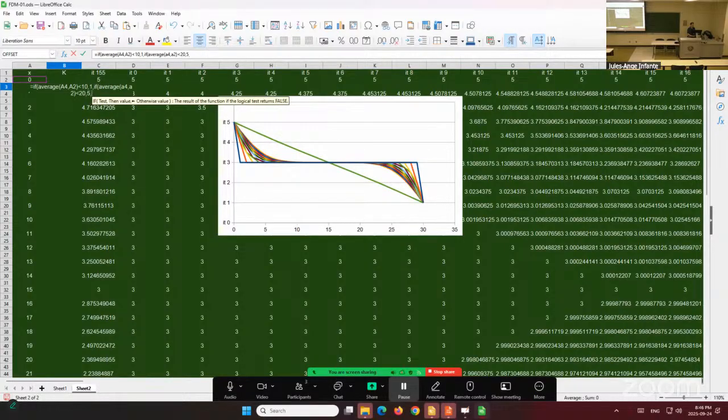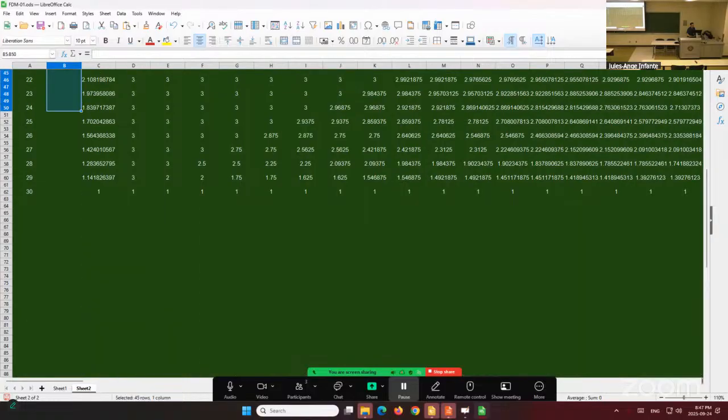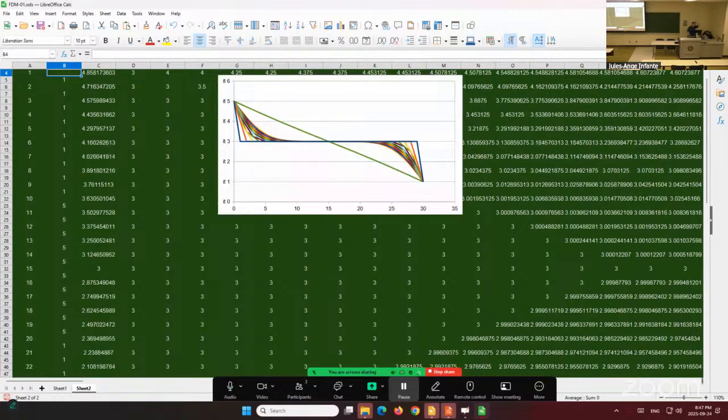Else 1. That avoids having to look at things individually. So between 9 and 10 is 1, between 10 and 11 it's 5.